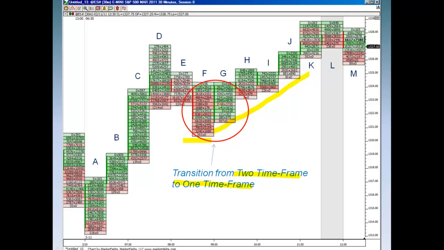At this point, this is when I recognize that I have a high probability trade on my hands, and even if I had closed my position up here, I would be willing to start a new position and move up again directionally with the market and take my trade in the direction of the day. Again, a very important rule on directional days: always only take trades in the direction of the directional day.